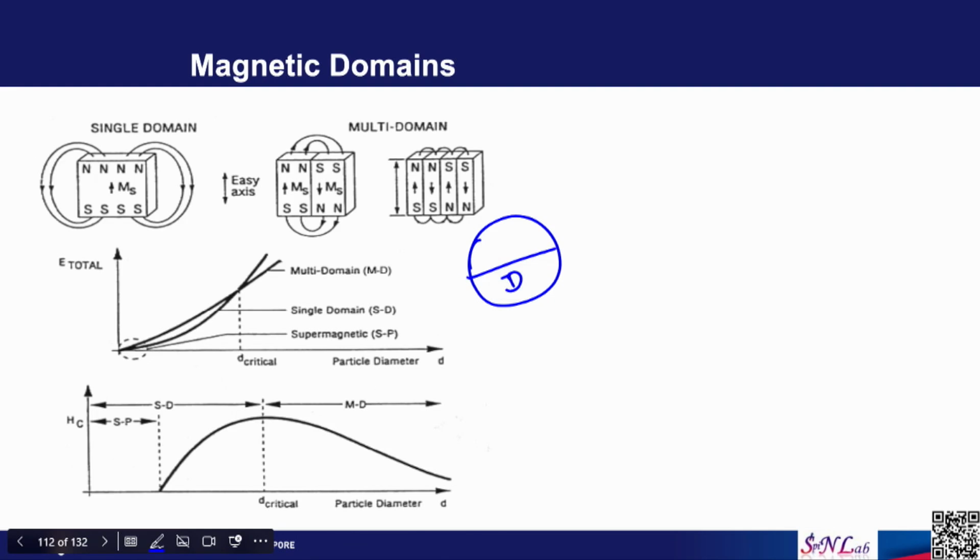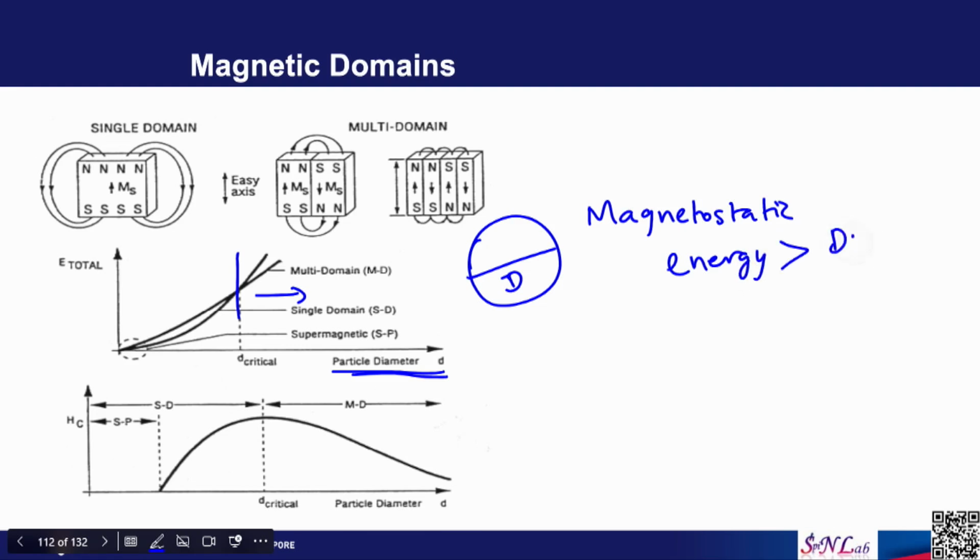If these particles are very huge, so the particle diameter is large, then you are in this region where the magnetostatic energy is more than the energy needed to form domains and domain walls.